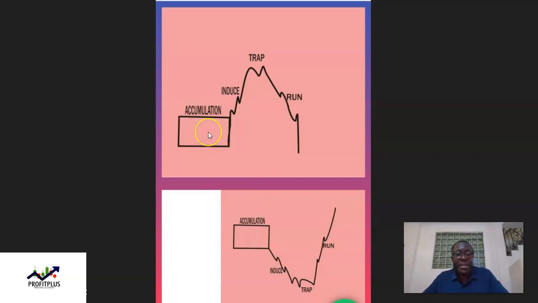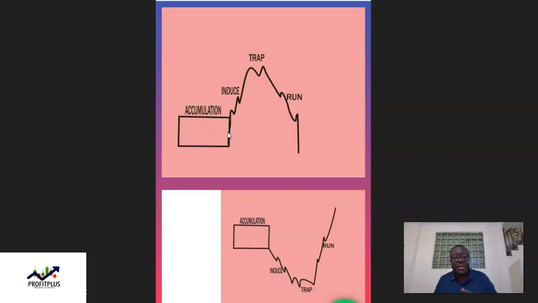The London session and the New York session have closed, and in this phase you usually have low movements in the markets. The volatility is very low, so you find the market trading between a support zone and a resistance zone. It just moves up and down without a direction.